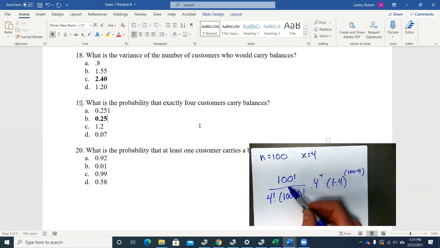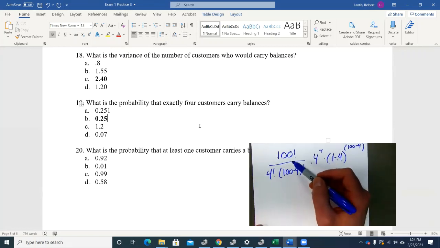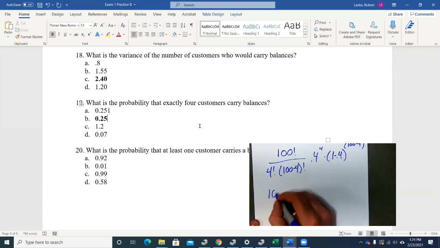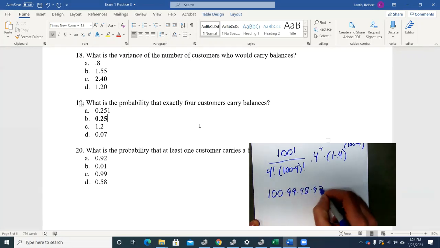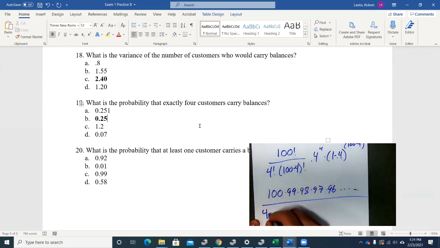But this portion, if I try to put 100 factorial into my calculator, it's going to yell at me and say I can't do that. But this is where writing out what the factorial looks like can help, all the way down to 1, and then 4 times 3 times 2 times 1. This would be what, 96 factorial?